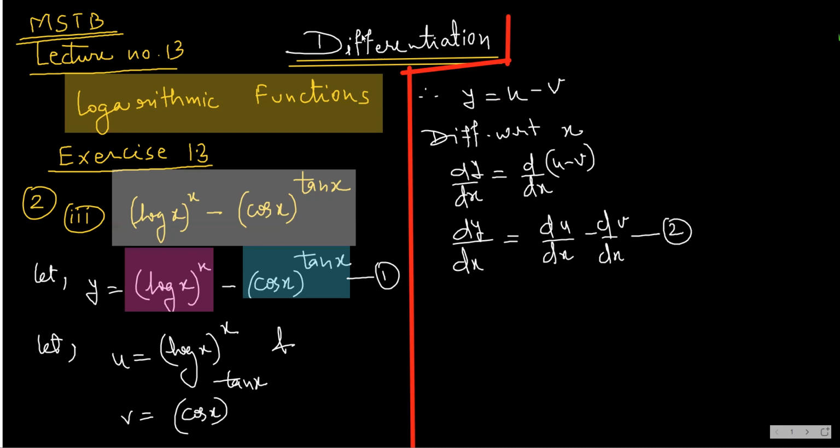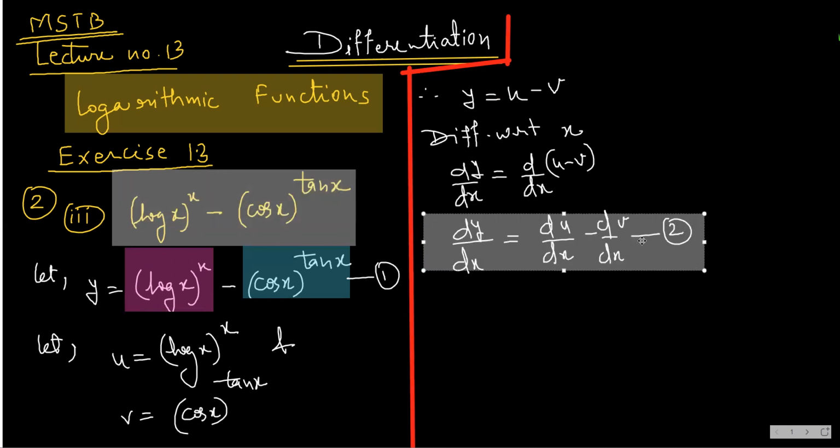So if I want the derivative of y with respect to x, because you have taken this whole thing which you wanted to differentiate as y, you understand that dy by dx is du by dx minus dv by dx.